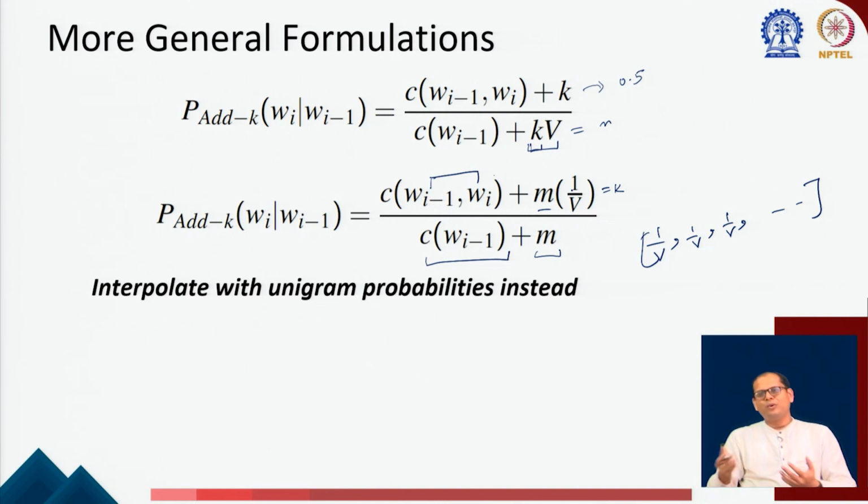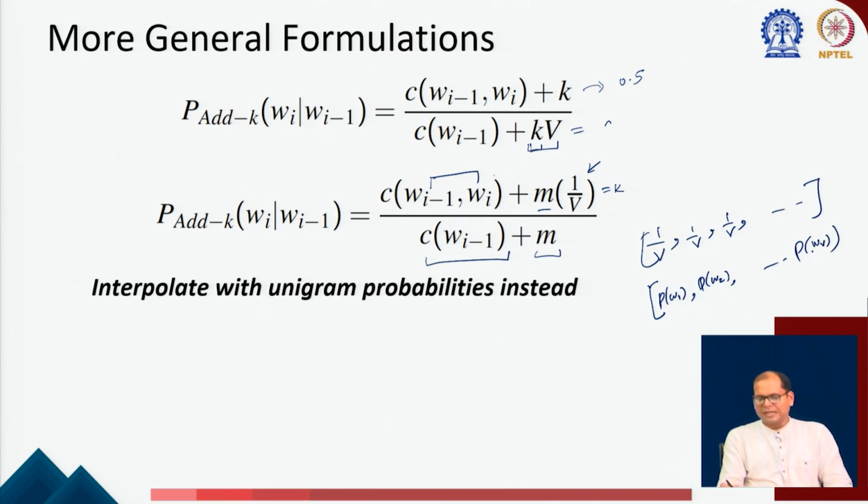And if you are anyway doing that, a better way of smoothing can be, because I will add 1 by v to each word, but why should I do that? Why can't I add something that is proportional to their actual frequency or probability in the data? So rather than adding 1 by v, why don't I add their actual unigram probability, p(w1), p(w2), up to p(wv), which will anyway add up to 1?